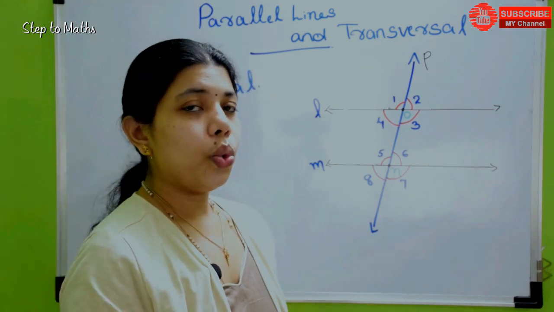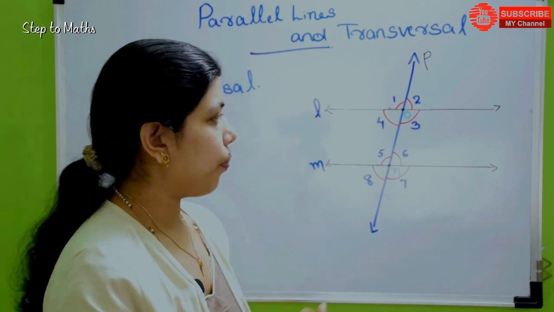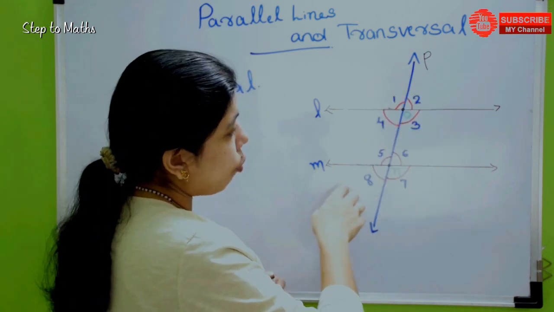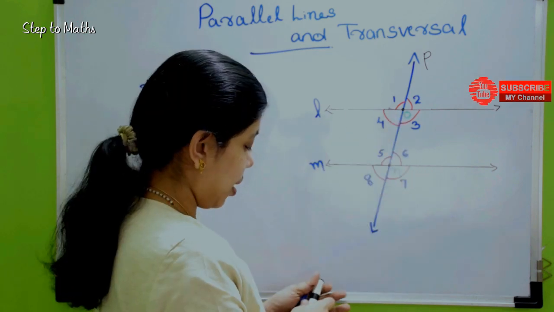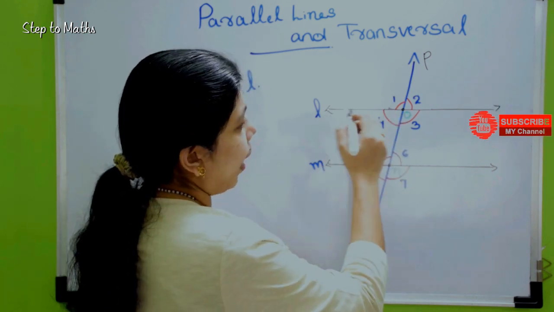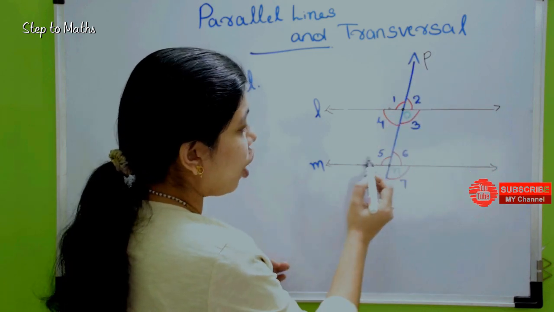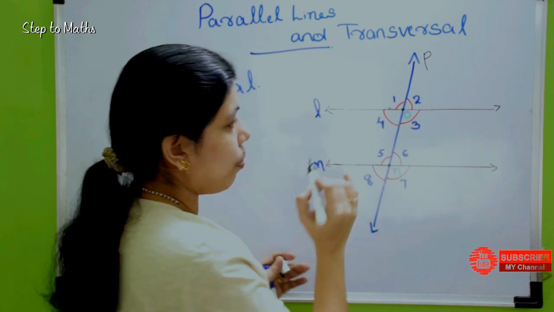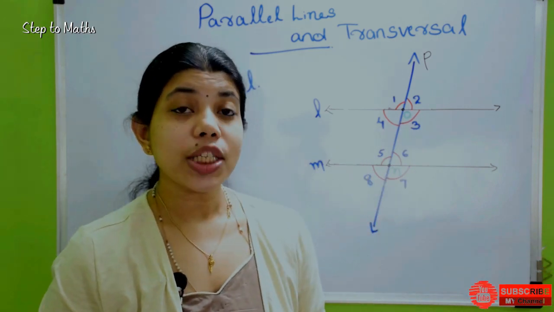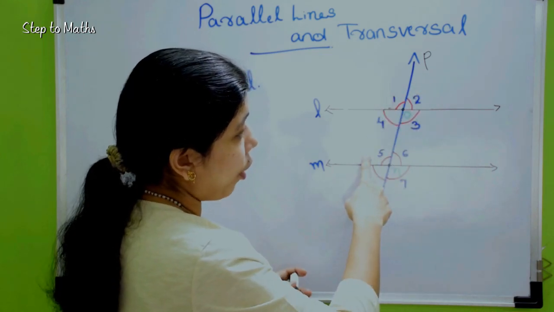Now consider the types of angles. 8 angles are formed. Now consider angle 1. Angle 1 is this angle. And now consider angle 5, this angle. So what is the speciality of these two angles, angle 1 and angle 5?